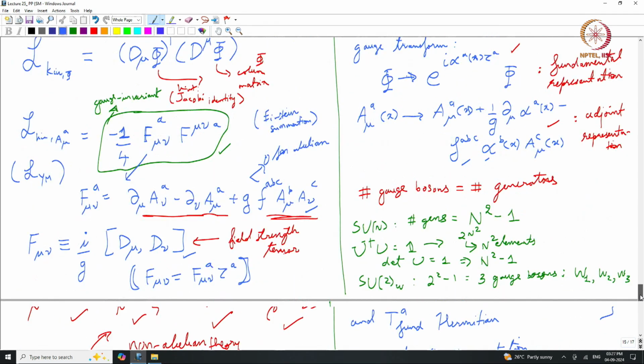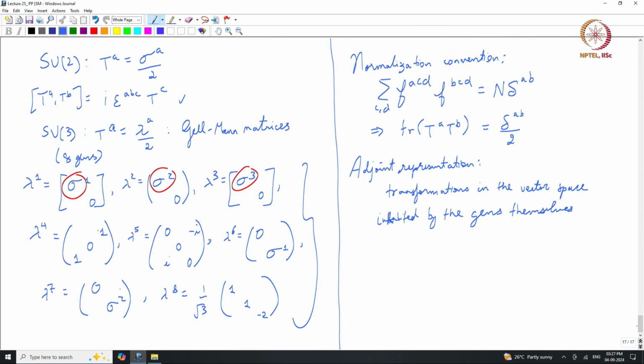But the generators actually span their own space. If you take the generators as abstract entities, don't think of them as matrices at this moment, just take them as abstract entities that satisfy this Lie algebra, then they inhabit their own vector space.